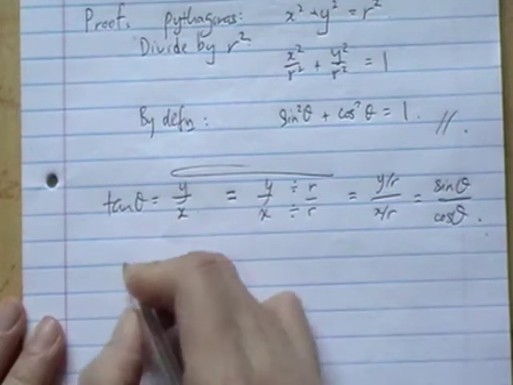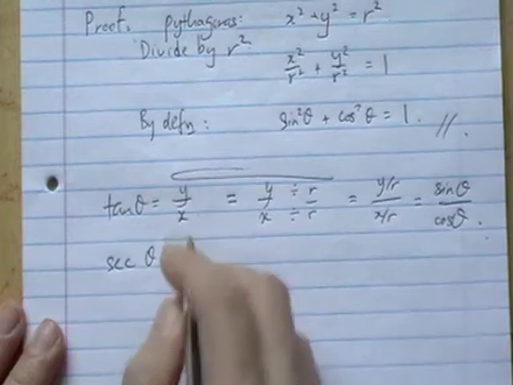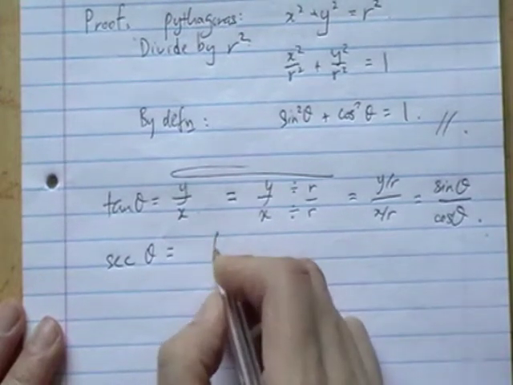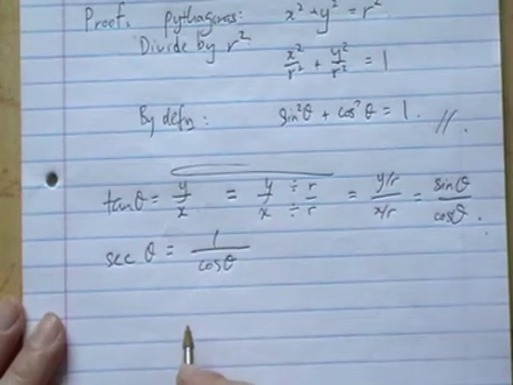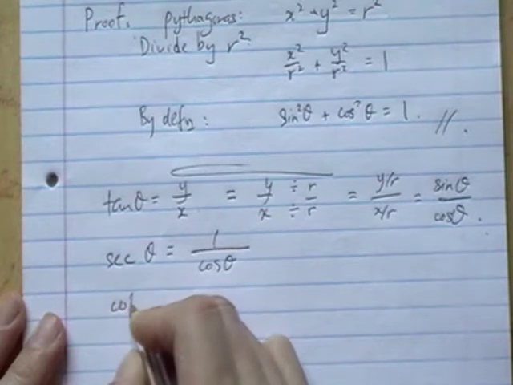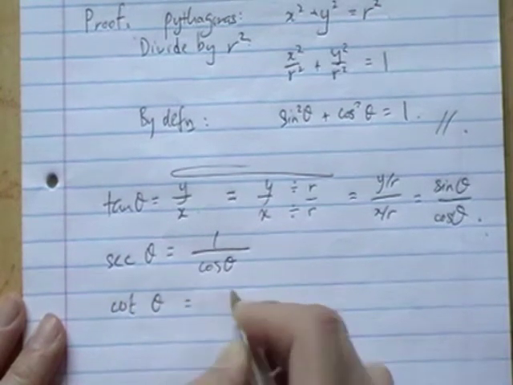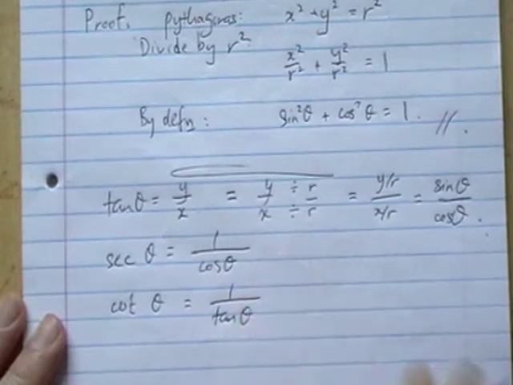And the next thing is to write down the definition of secant theta. Secant theta is just defined as 1 over cosine theta. And then we need the definition of cotangent theta, and that's defined as 1 over tangent theta.